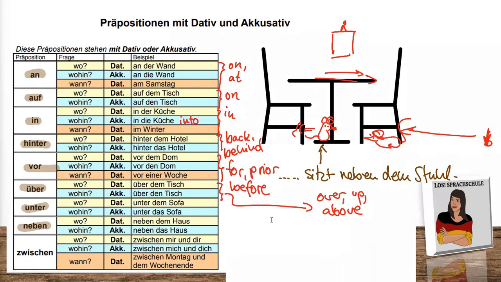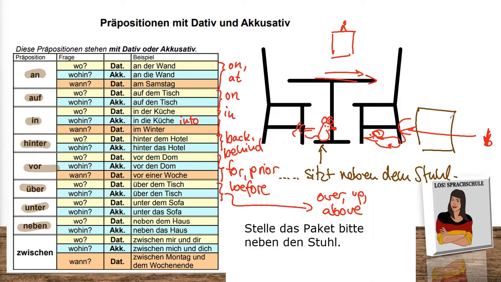But if you want to say, I don't know, you're moving and you want to ask, where do I put this thing here, the package or the box, whatever, and the other person says, stelle das Paket bitte neben den Stuhl. Please put the box, the package, next to the chair. Then we have it here.